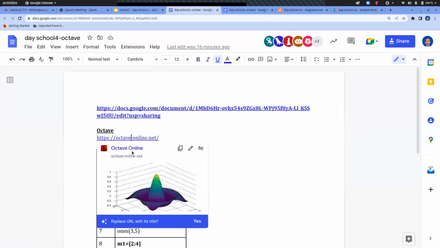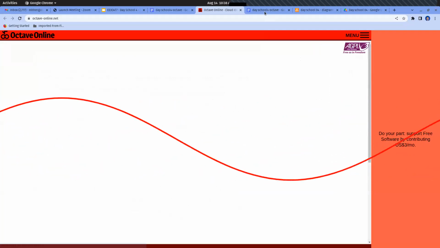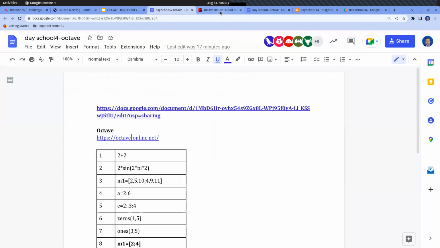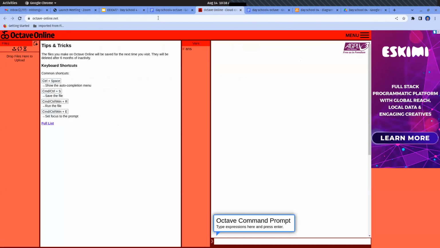When you click here, you can get the Octave software. This is Octave online software.